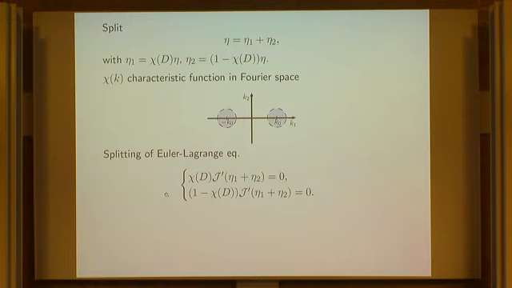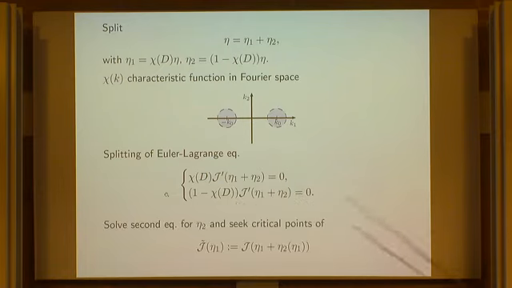Okay, and then the idea, what I said about the action, can be seen as follows. We can split the Euler-Lagrange equation in the same way. It turns out that because most of the action is close to here, this part is easy to handle in the sense that the linear part of this equation can be inverted without any problems.